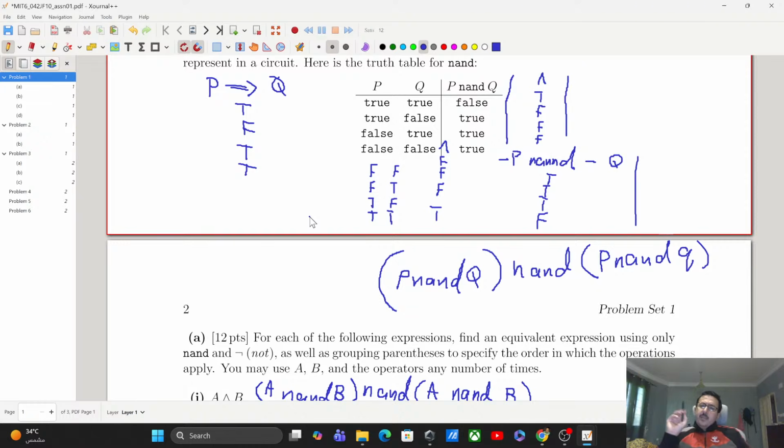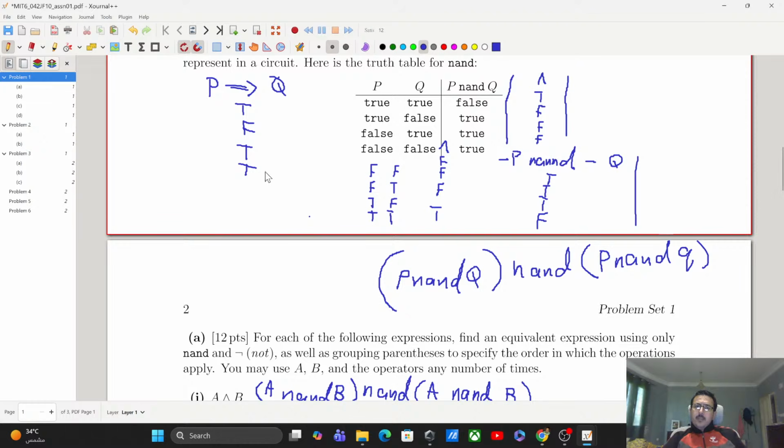We got the AND, and it only checks if it's true. So which means this is true, but this is false, and this is false, and this is false. That's that.